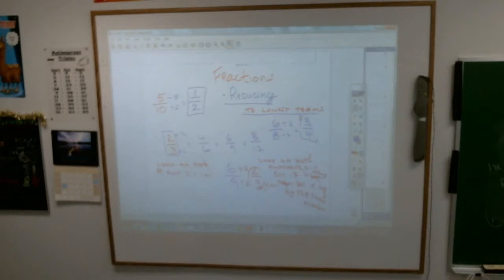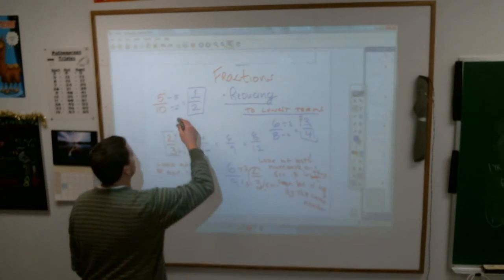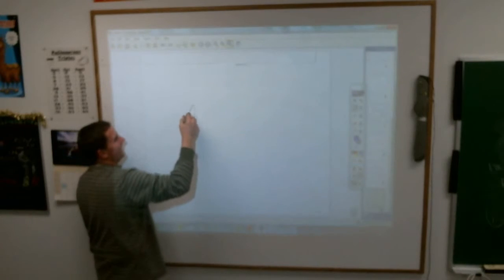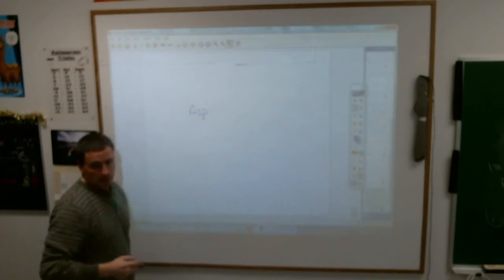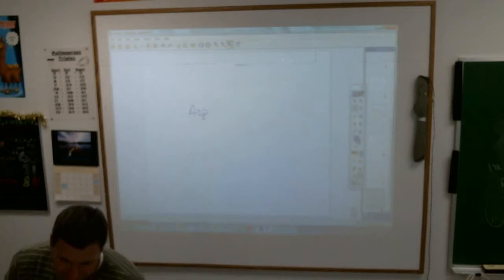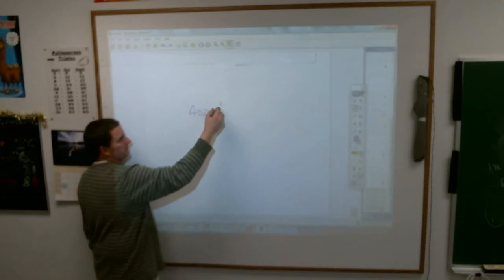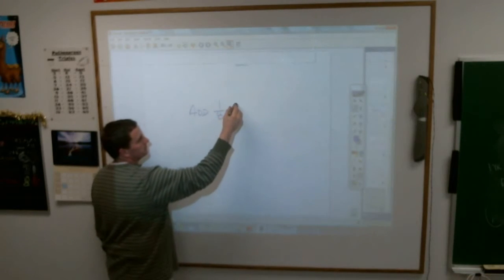Now here is another example of that from the book. It'll say to do this. Add 1/8 plus 5/8 and reduce.